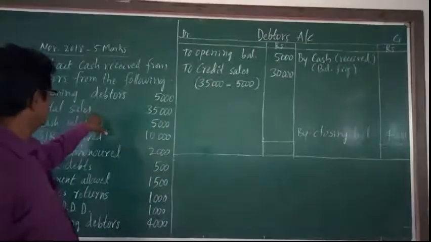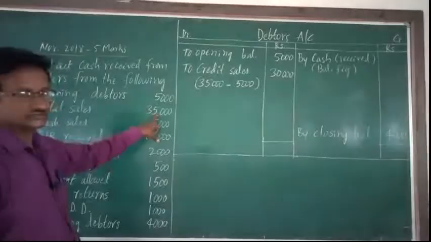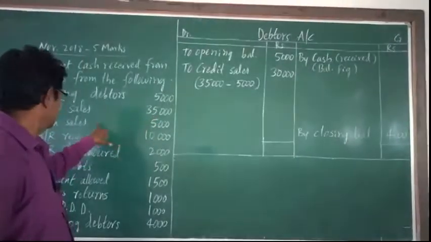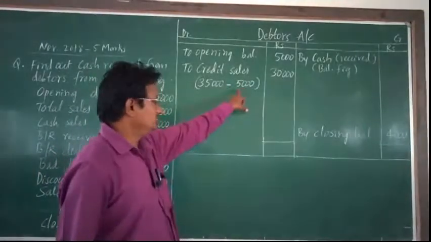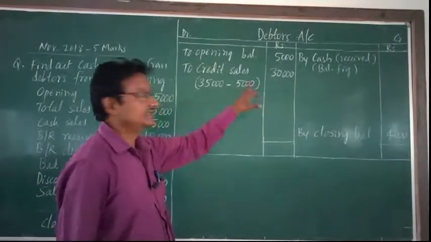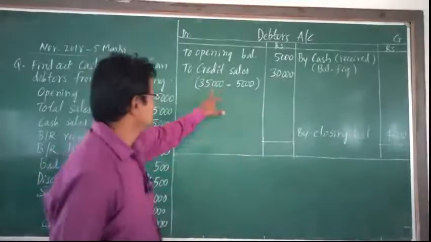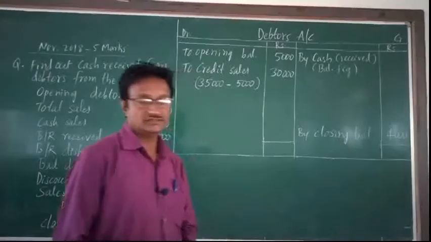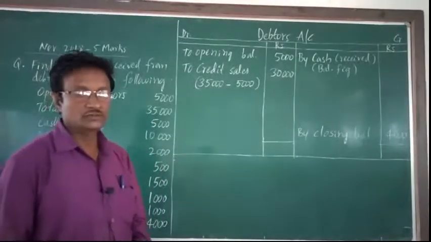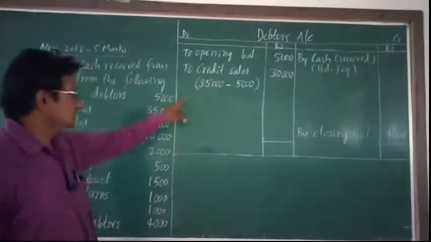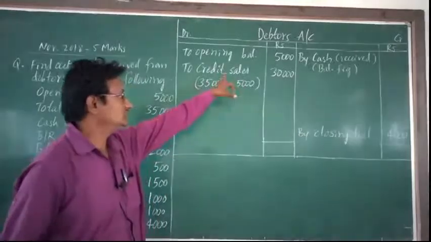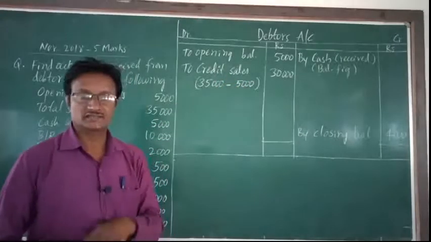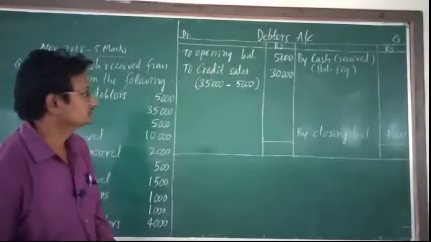Out of the total sales 35,000, if cash sales of rupees 5,000 is deducted, then we get credit sales. So total sales minus 5,000 cash sales is equal to credit sales, that is 30,000.